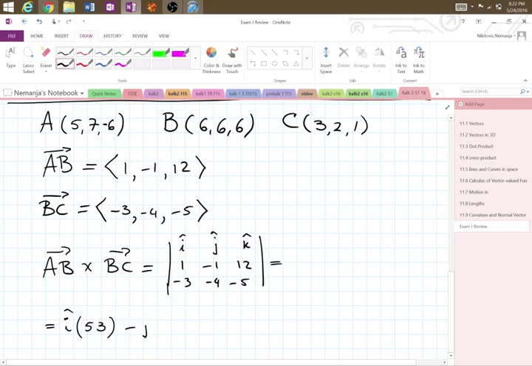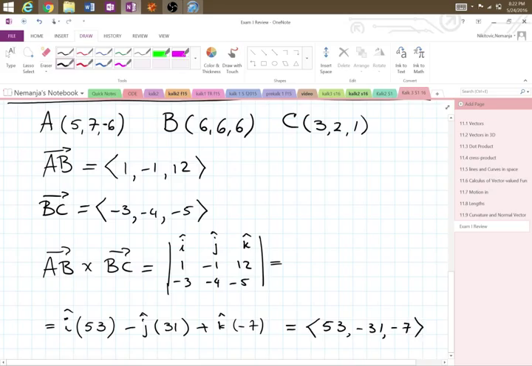And then -J, we have -5 plus 36, so 31. And plus K, which is -4 minus 3, -7. So I think the vector is 53, -31, -7.